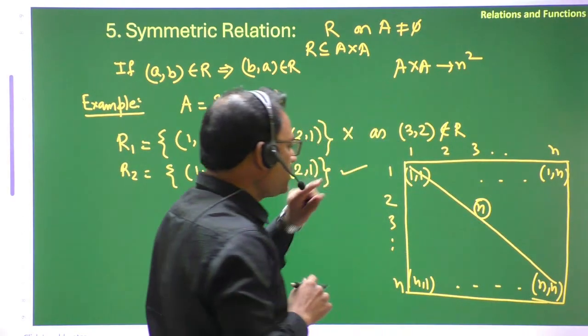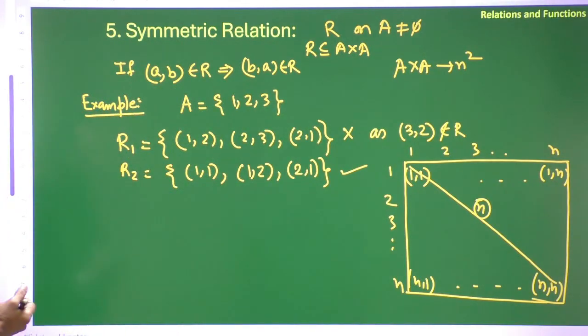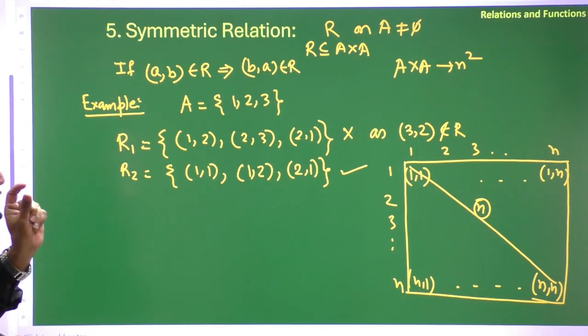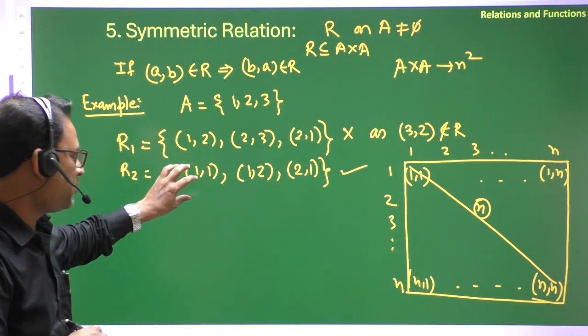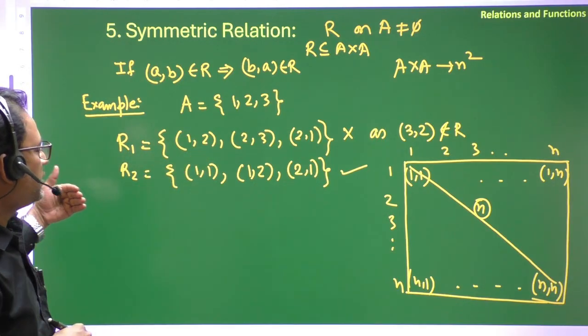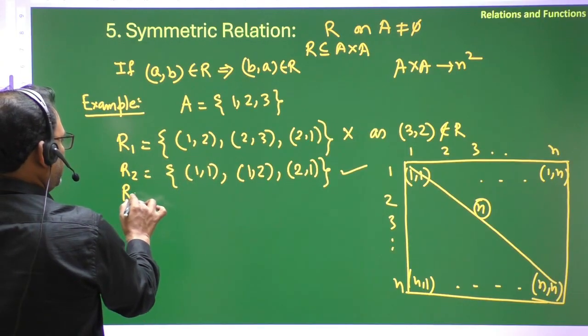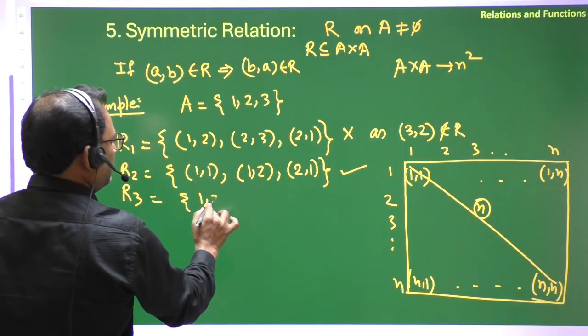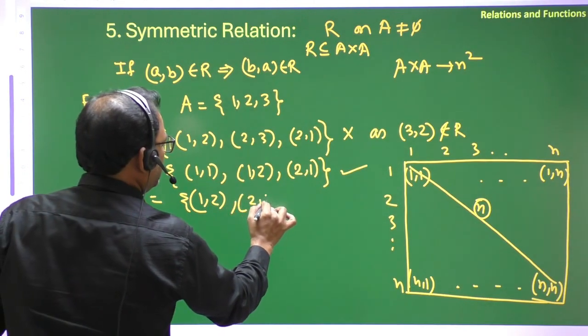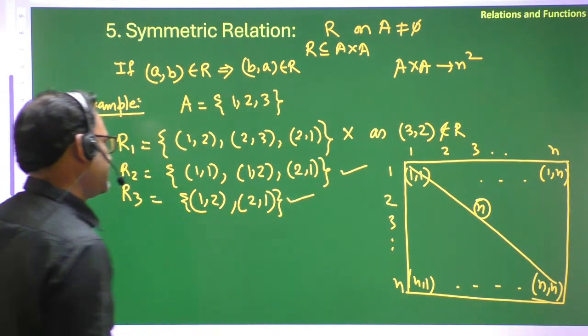Now for these n elements, how many choices are there? For each element, there are two choices. If you take (1, 1), it will be symmetric. If you don't take it, still it will be symmetric. If I put here R3, still (1, 2) and (2, 1) are present, then it is a symmetric relation.